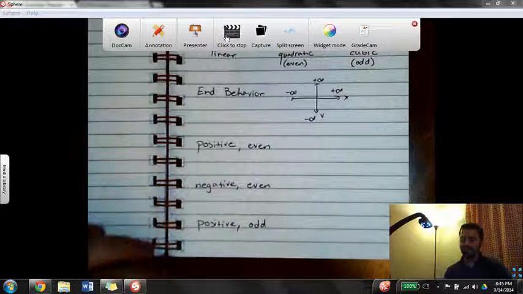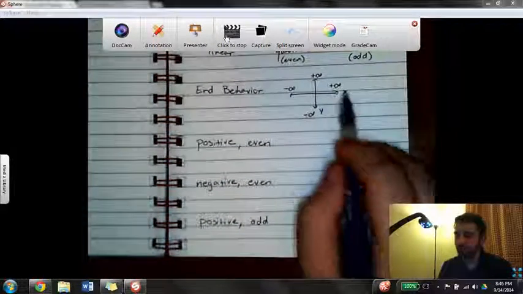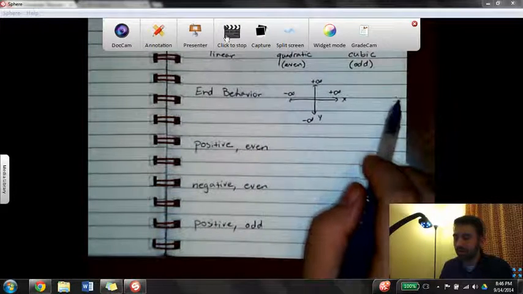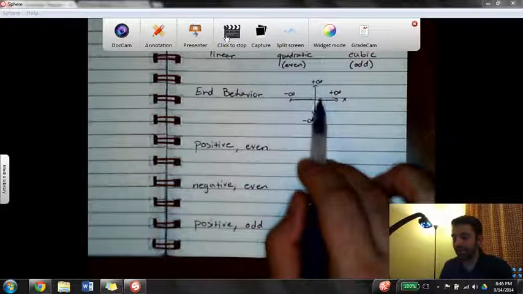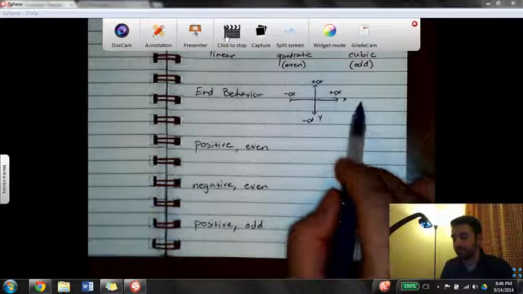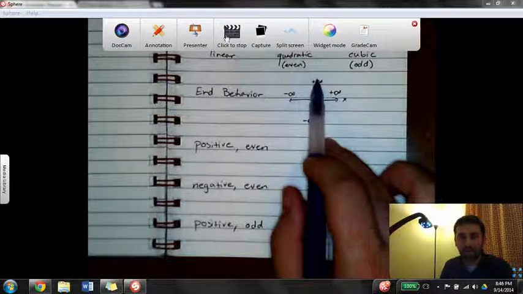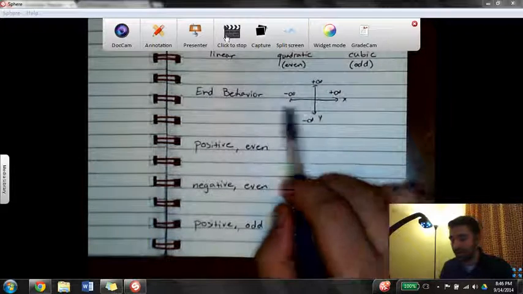Our end behavior is asking us to look at when our function's x values approach a positive infinity or a negative infinity, on the left side or the right side of our graph, and what the y values of the function do.